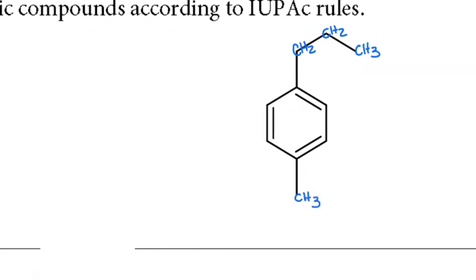And this is a CH3. So those are my substituents. Now, when I look at this molecule, what is the name of my substituent in the top? What is this? It's not an ethyl group. Great job. This is a propyl group.